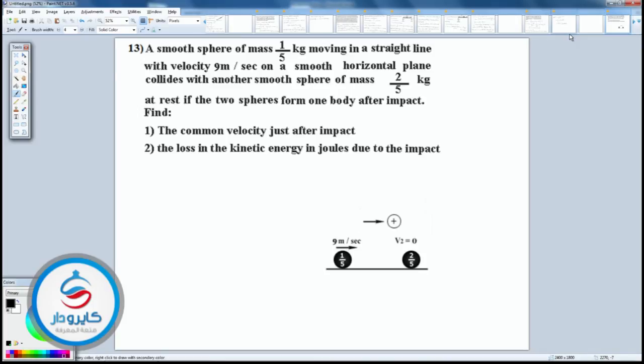If the two spheres form one body after impact, find: 1. The common velocity just after impact. 2. The loss in the kinetic energy in joules due to the impact.